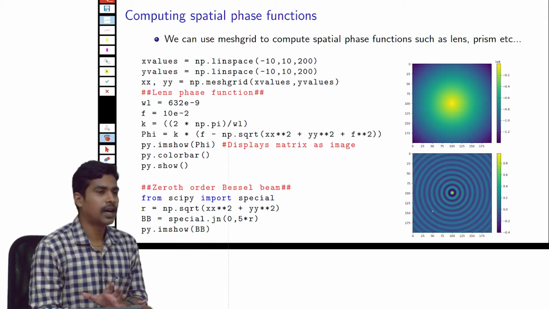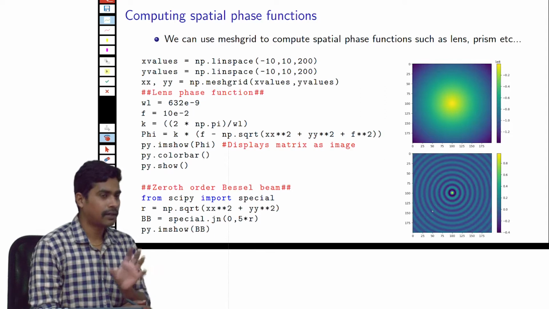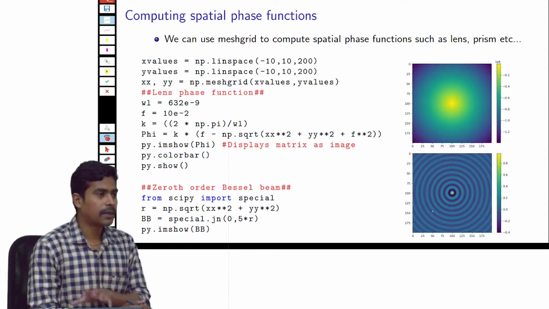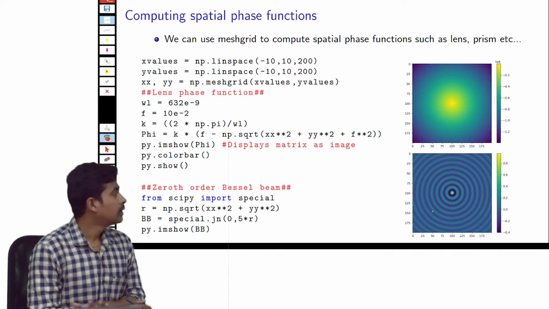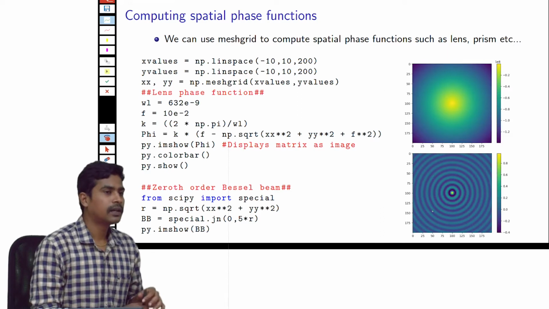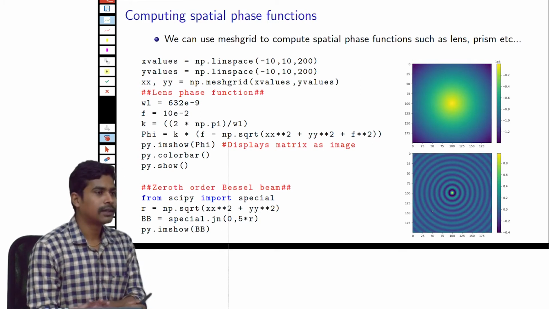Finally we have seen how to plot one-dimensional data using the plot command, and how to plot a mesh grid or two-dimensional data using the imshow command. With this the introduction to Python is over, and in the next lecture I will show how to model interference and diffraction phenomena using whatever we have learned so far in Python.